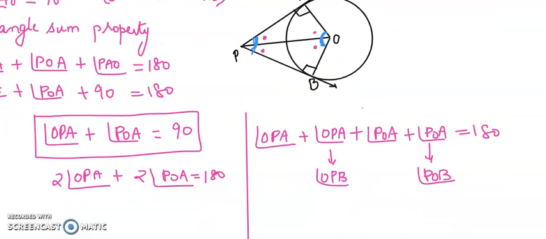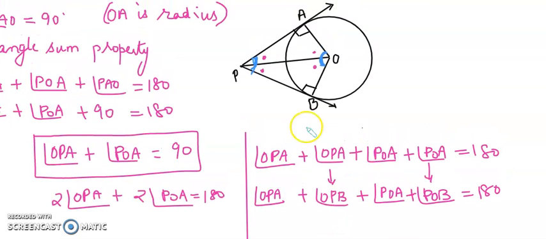So what is happening here? We are ending up getting OPA plus OPB plus POA plus POB, right? We're getting the complete angle AOB and APB. So OPA and OPB, when you add, it's the complete angle APB. Same way POA and POB, when you add, you get the complete angle AOB, right?